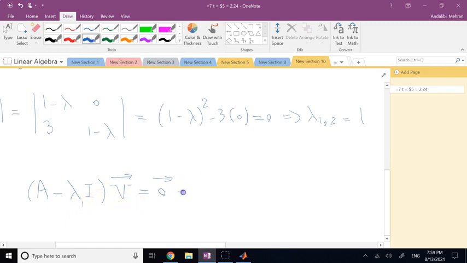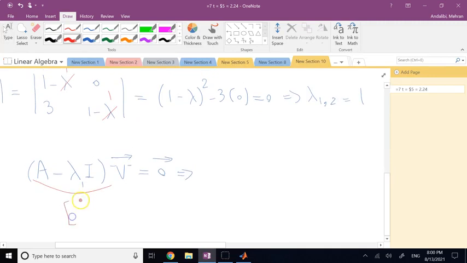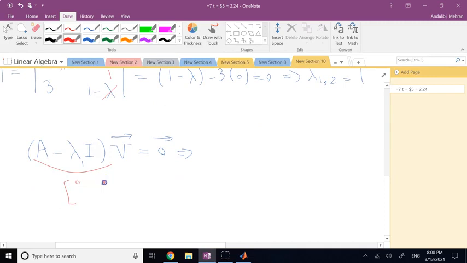So if I do that and plug in 1 here, then this coefficient matrix is going to be, as you can see, 1 minus 1. That's a 0, a 0, a 3, and a 0. And then if you call this V vector to be two components, v1 and v2, the result of that is 0, 0.